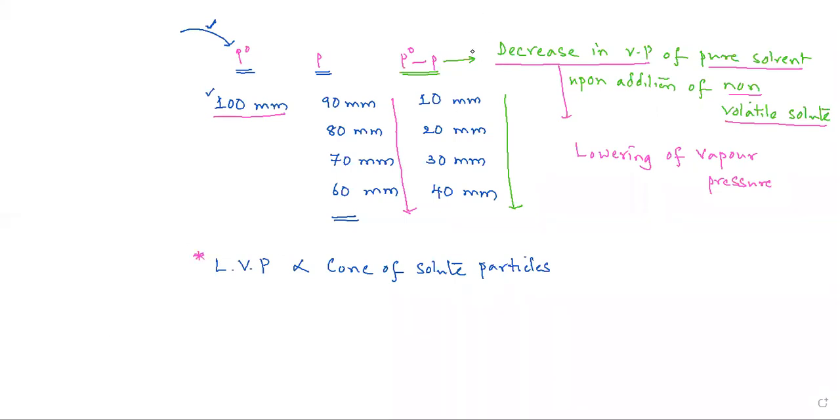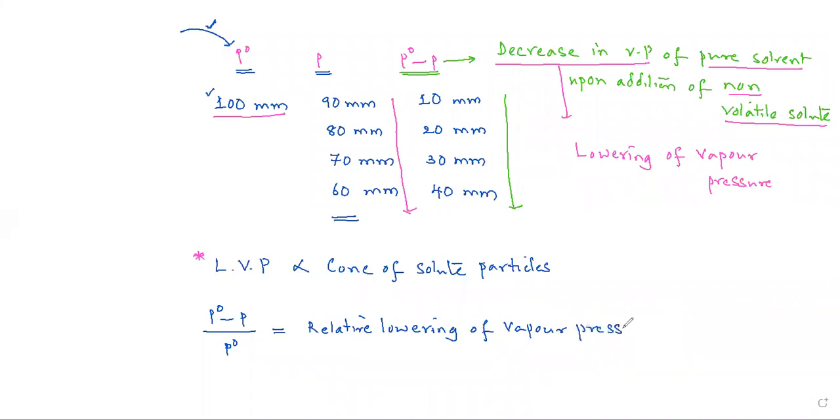I have one more point to discuss. You know, the ratio of this lowering of vapor pressure to the vapor pressure of the pure solvent is known as relative lowering of vapor pressure.